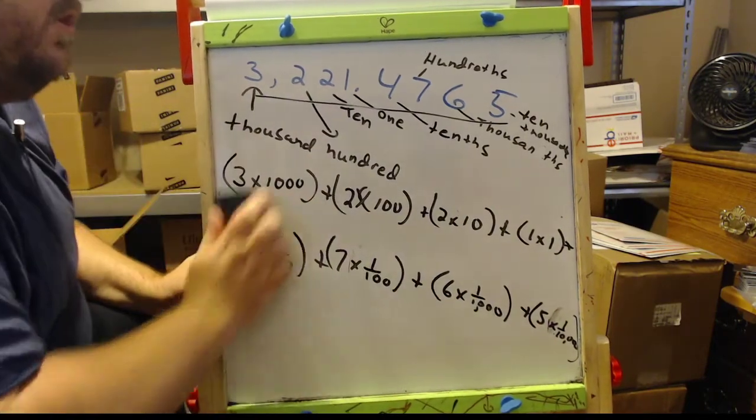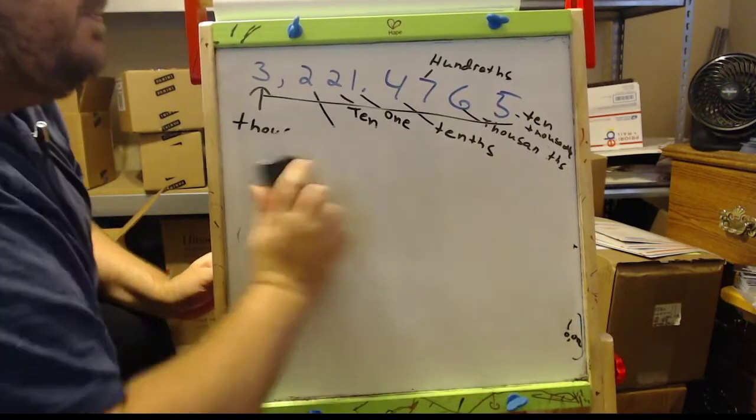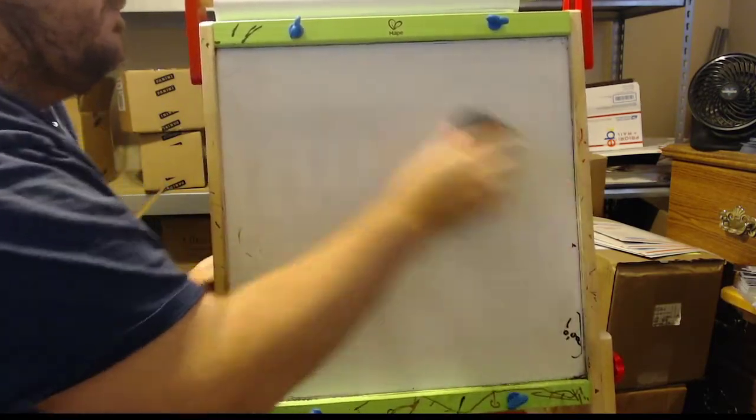So we should be able to look at an expanded notation and write out our decimal.